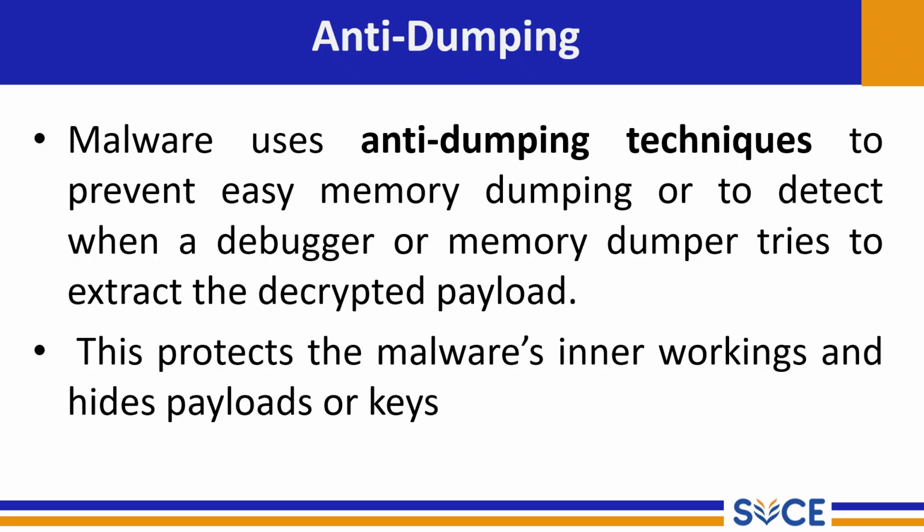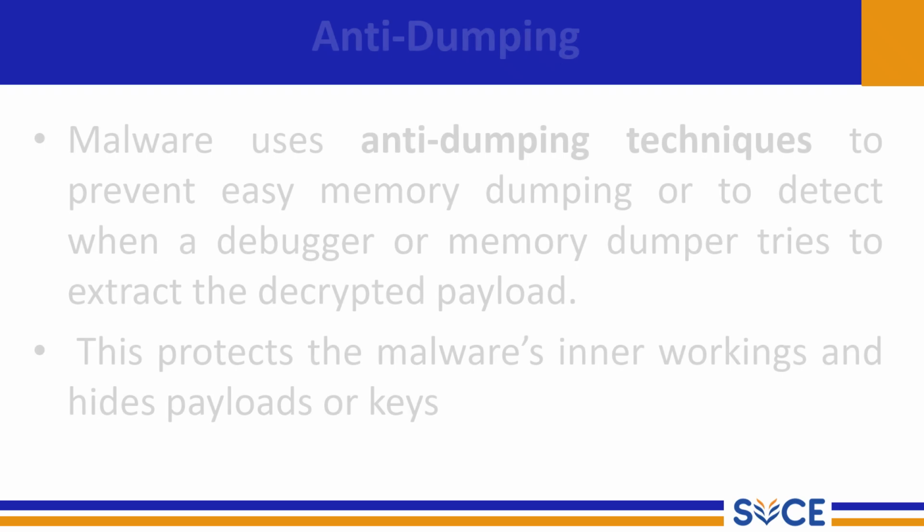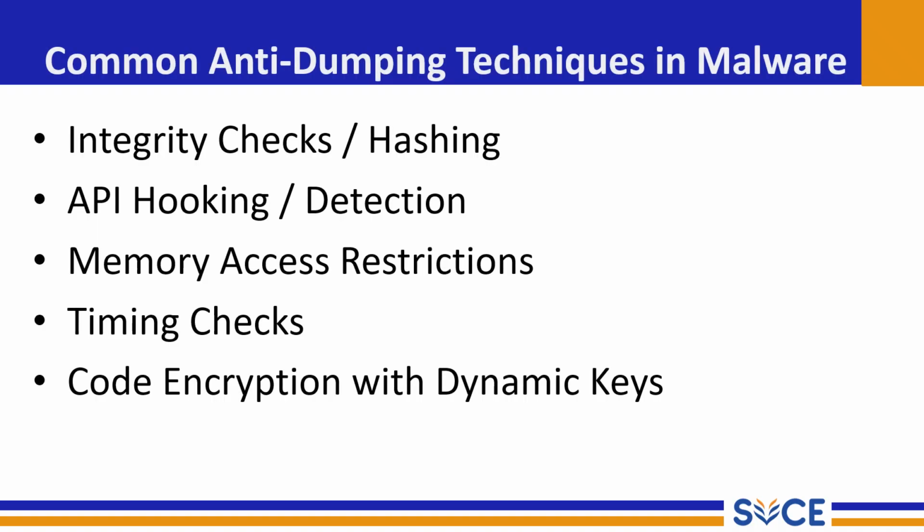Next, let us discuss what the common anti-dumping techniques in malware are. First, integrity checks or hashing. Malware calculates the hashes, for example CRC or MD5, of its own code section.